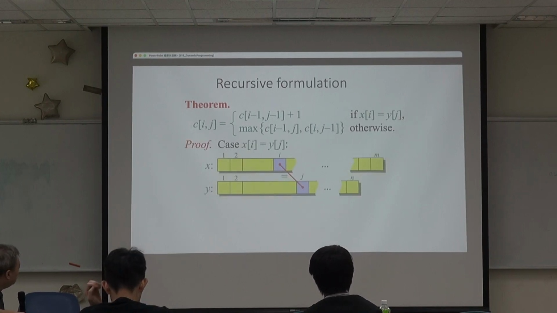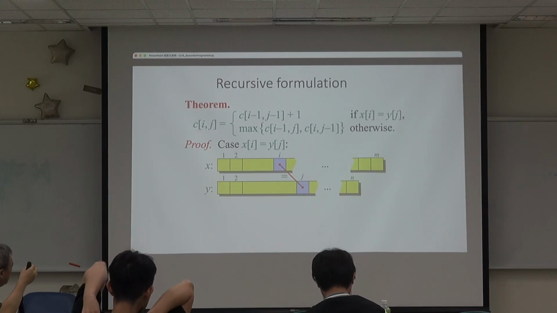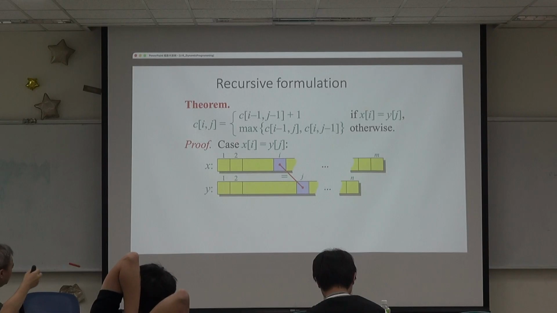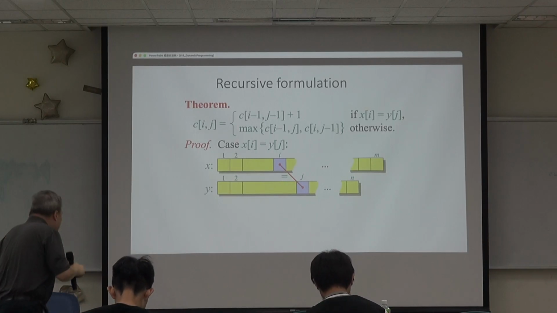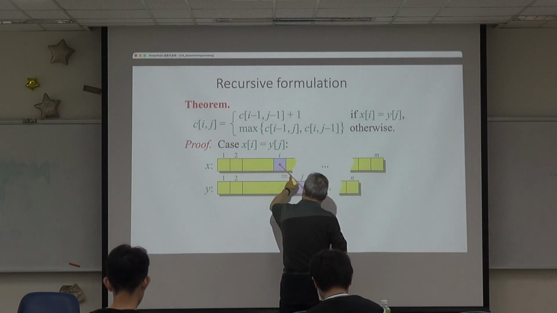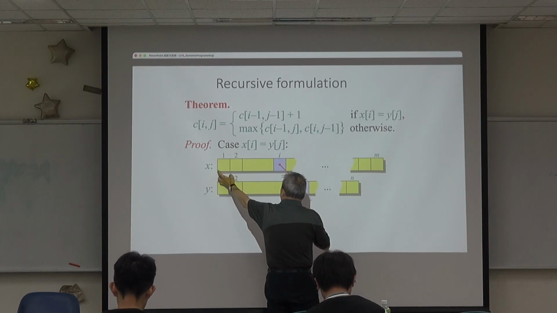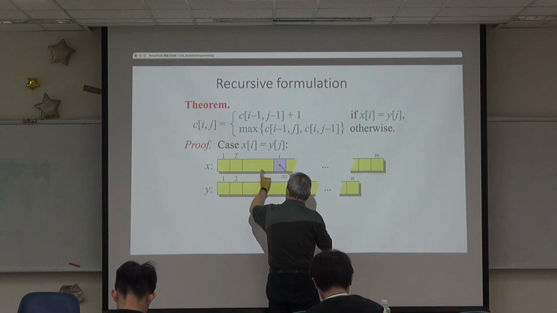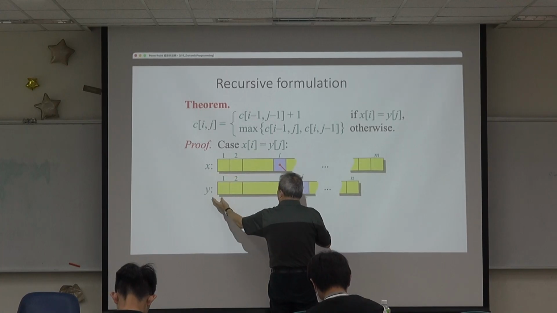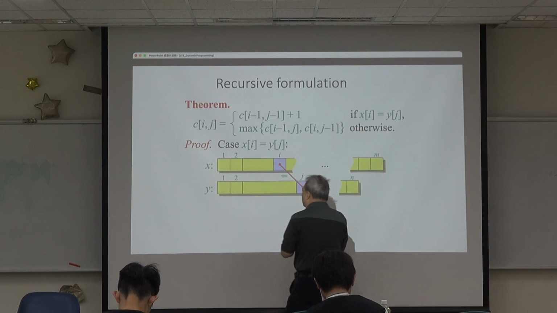If we try to represent this as a picture, when xi equals yj, these two elements are the same, then the longest common subsequence should be whatever we have from here and this, plus one additional character, right?